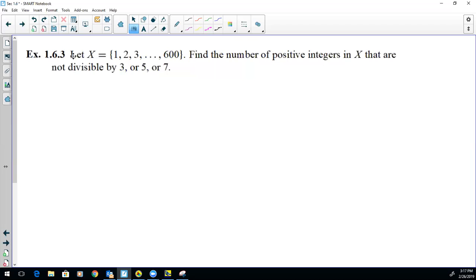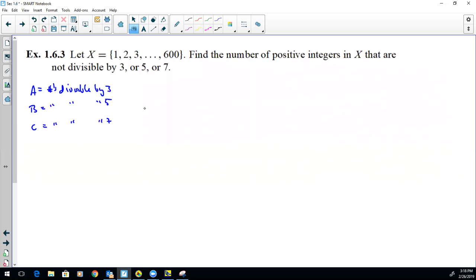So we're going to set this up. We're going to let A be the numbers divisible by 3, B, the numbers divisible by 5, and C, the numbers divisible by 7.